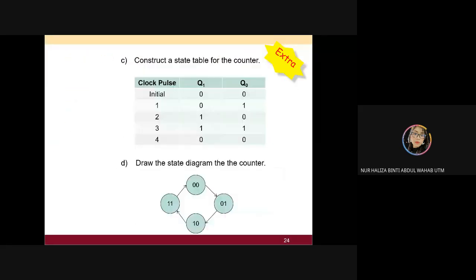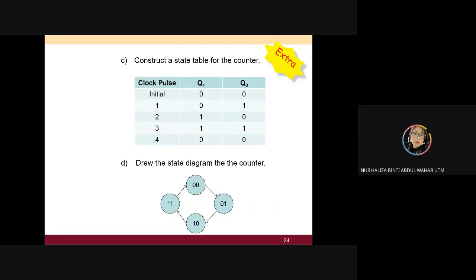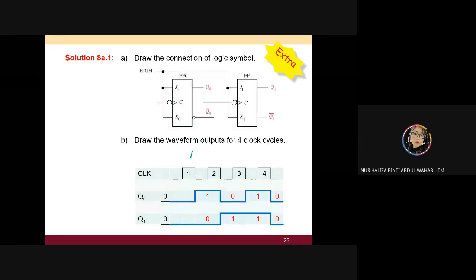Wait, just now we have 00, cycle 1, clock pulse Q1 Q2. Supposedly we need to look directly at this part. This is our value for our clock.